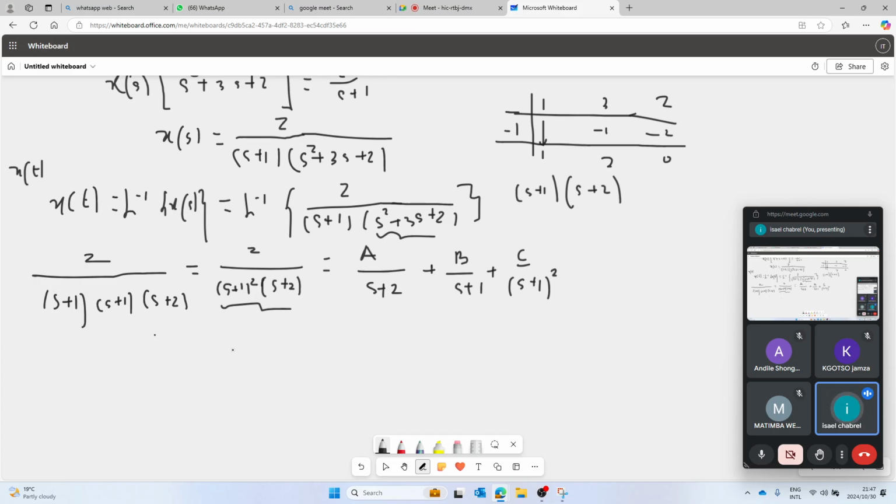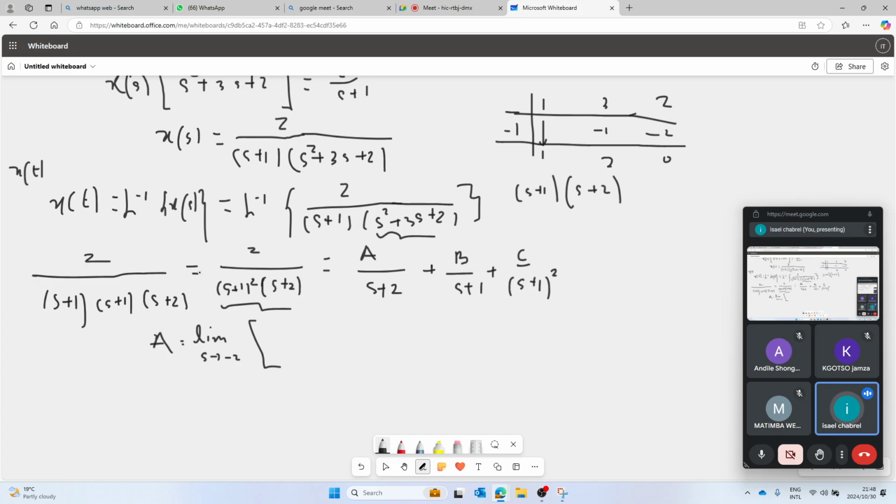If I want to solve A here, I will take the limit of, let's say, s moving to minus 2. Why minus 2? Because minus 2 is the one that makes it 0. Everything is multiplied again by s plus 2.